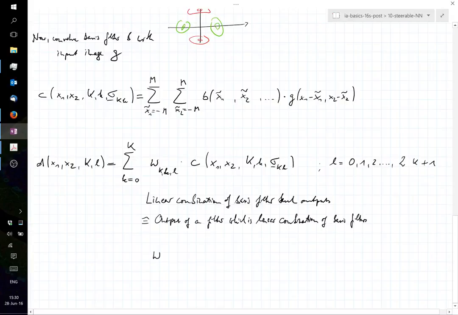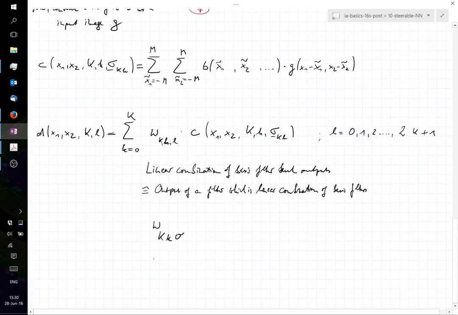So I want coefficients that create my basis filters, W capital K small k 0. This is my starship, for example. It was some pretty asymmetric starship. You know what I mean? Sorry, I'm not very good at drawing.